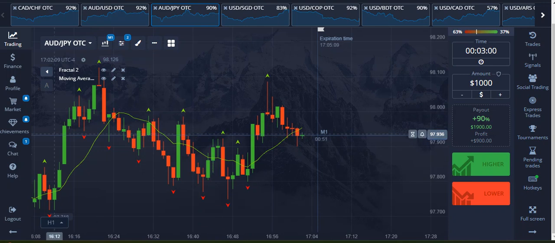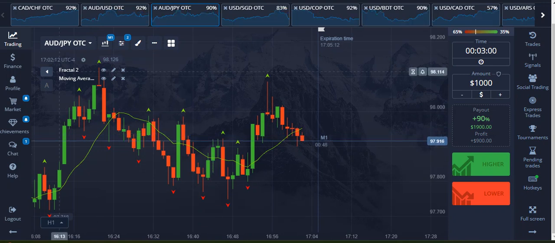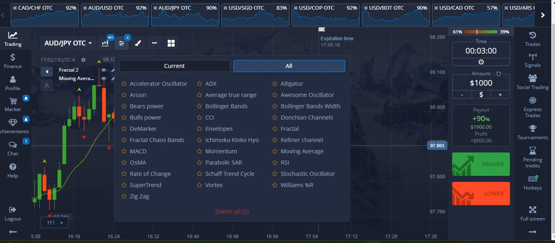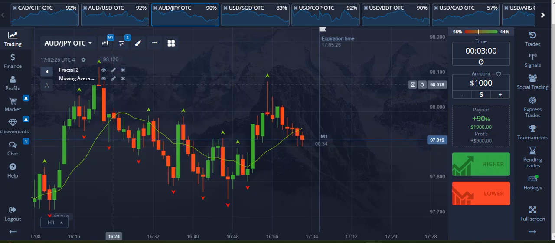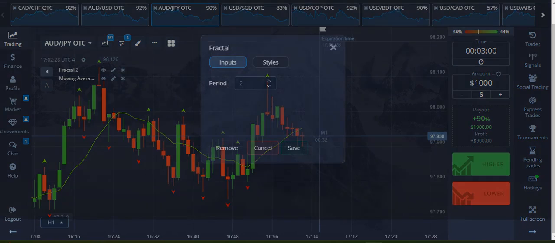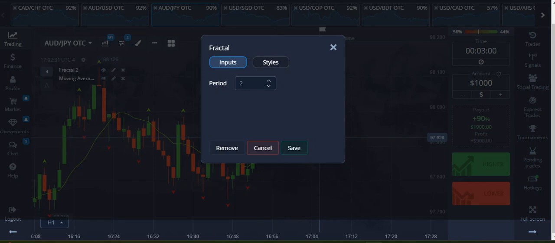indicators. And the two indicators that I'm using are the fractal indicator here, right here, and the moving average. And so what I've done is we're going to keep the default settings on the fractal. We're going to set the period to 2, which is, I believe, the default setting. And if you want to change the style of the pixels, you're free to do that.